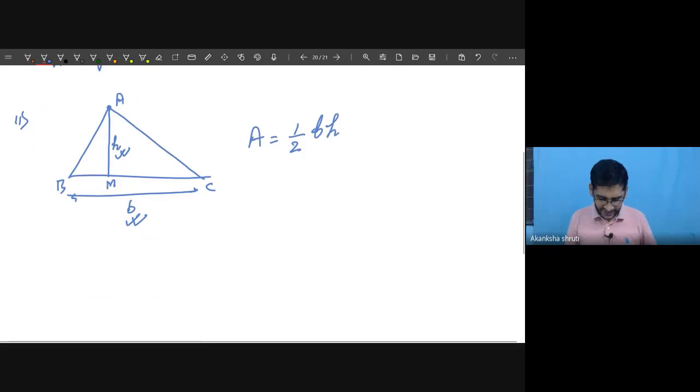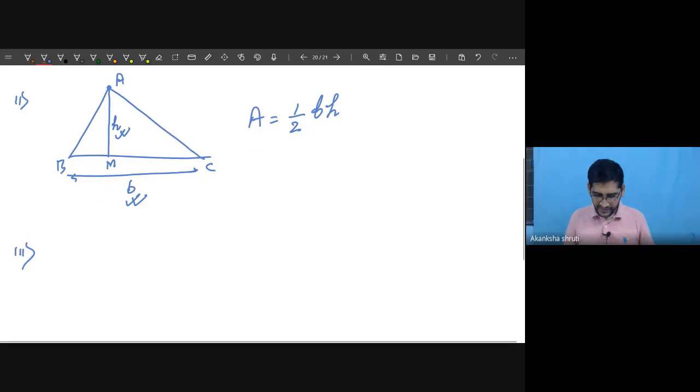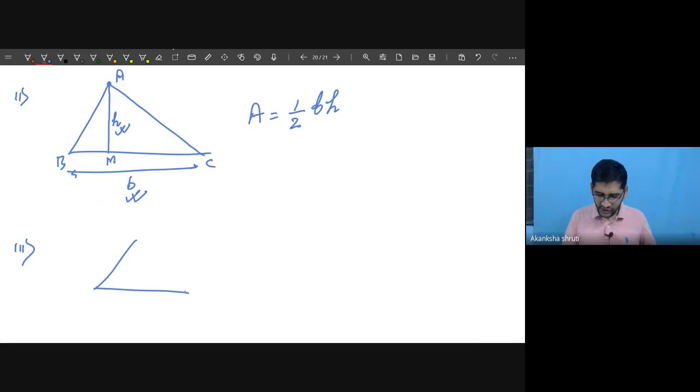The third one that we had learned: if the triangle is equilateral, means ABC is equilateral, then AB equals BC equals CA, and each side length is equal, denote it by a.